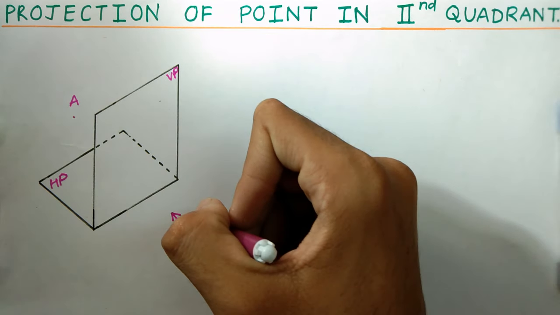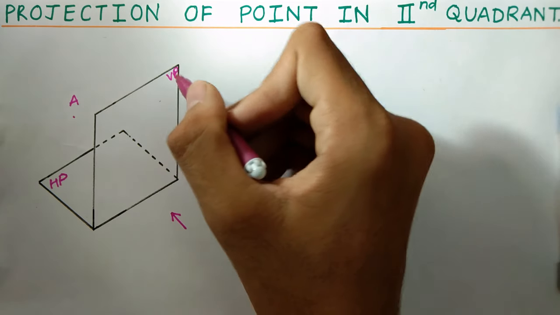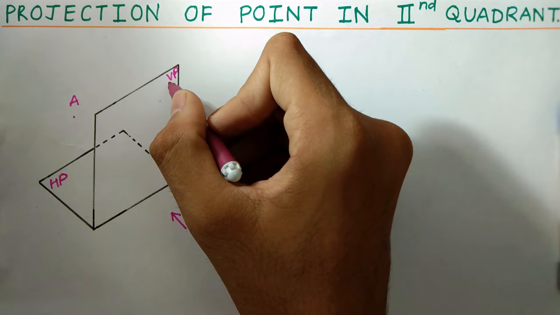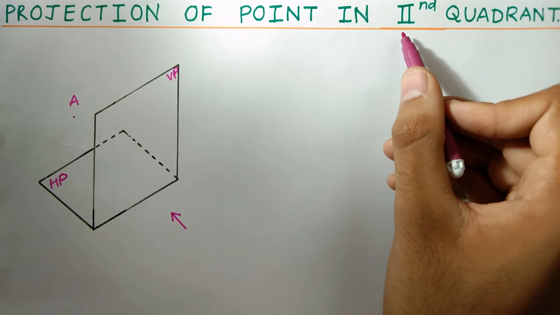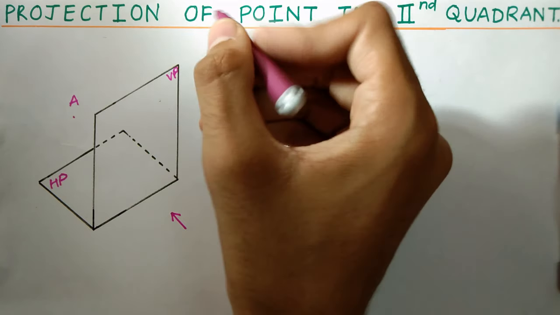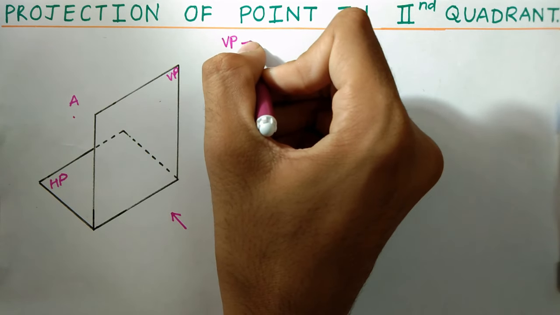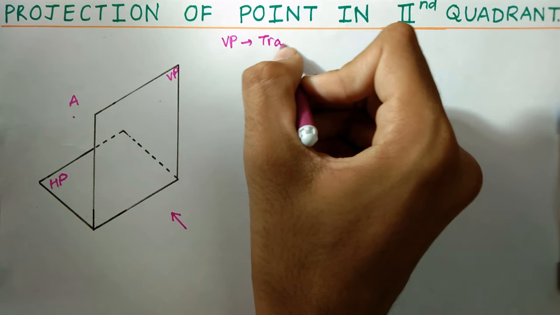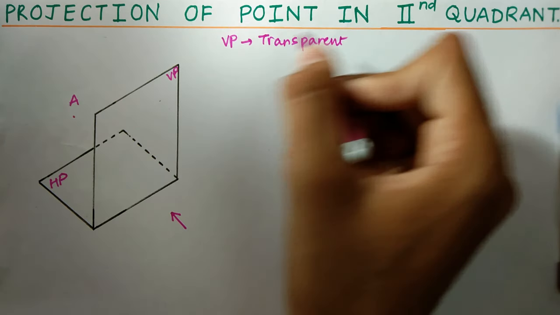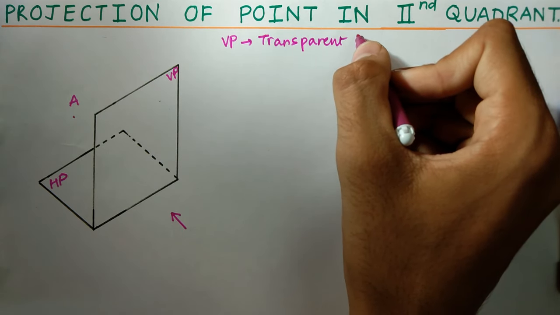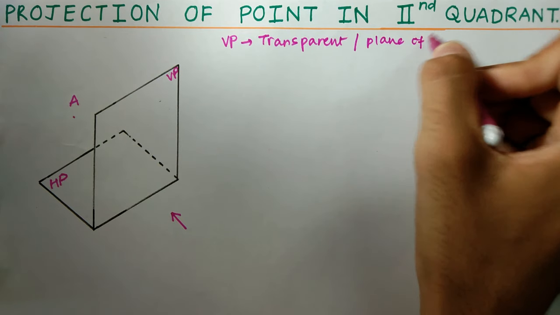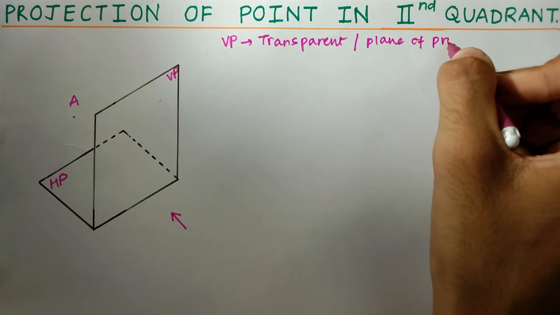Hence, for an observer to observe this point, this vertical plane should be transparent in nature. This vertical plane is actually transparent for the second quadrant. Moreover, this vertical plane is also referred to as a plane of projection, on which the projection of the front view has to be made.